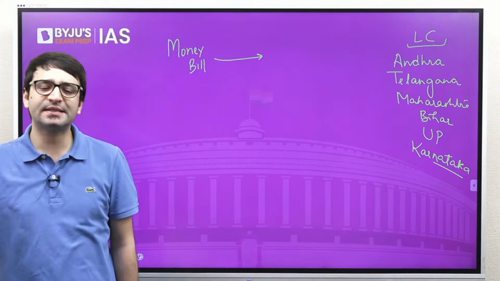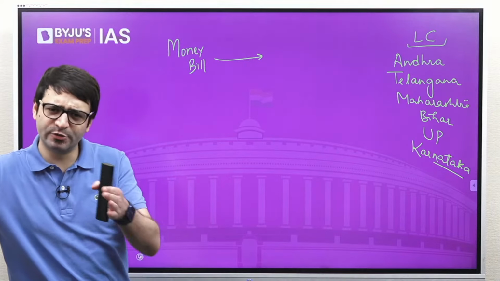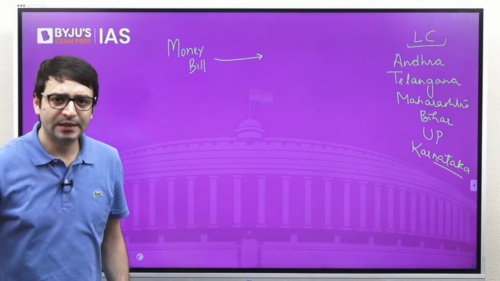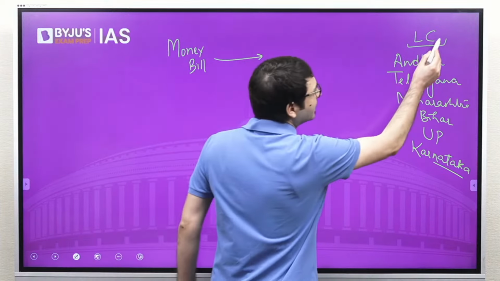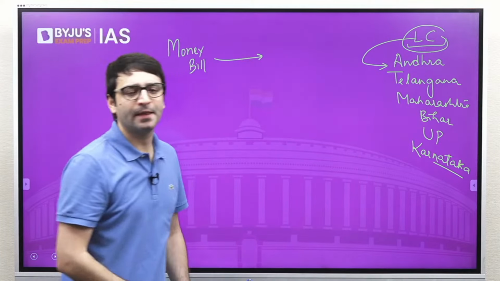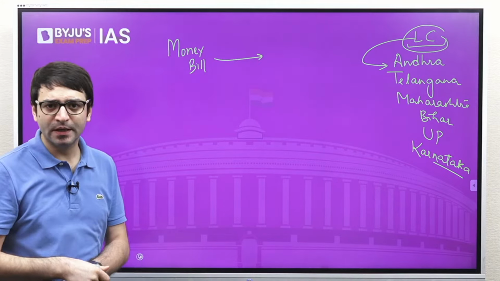These are the only 6 states in India which have a bicameral legislature. There is a controversy regarding the legislative council in Andhra Pradesh, because Andhra Pradesh wants to abolish it.